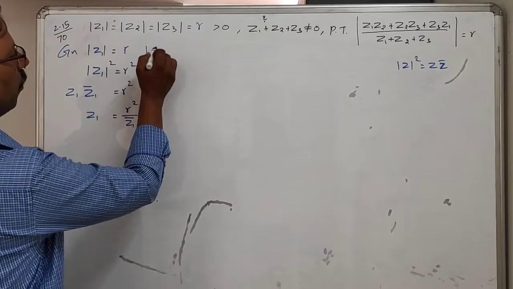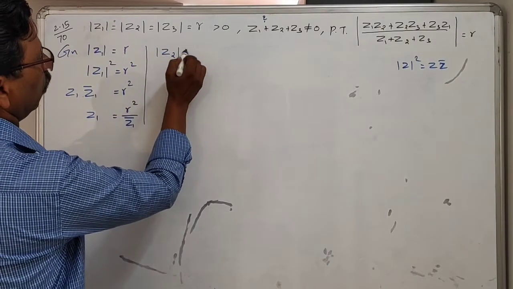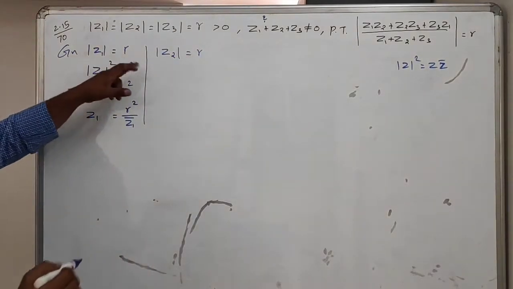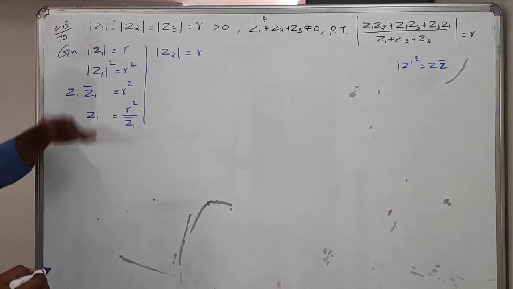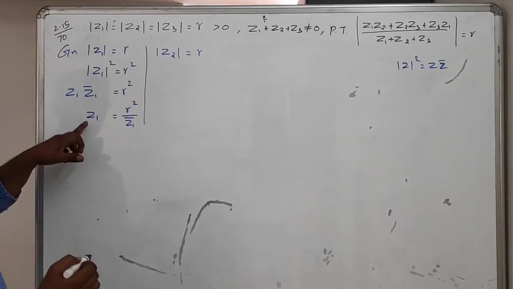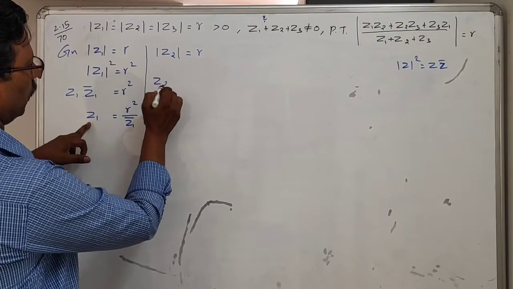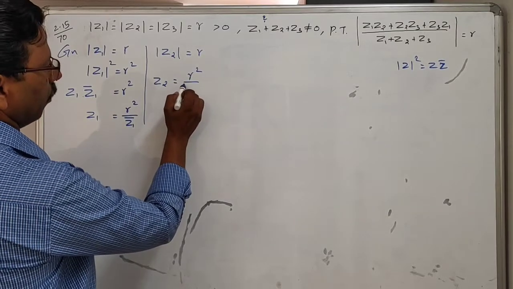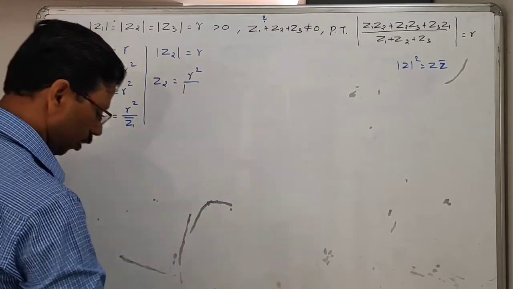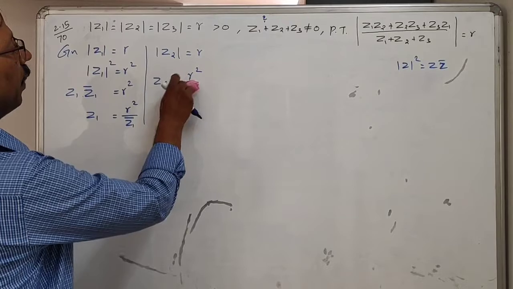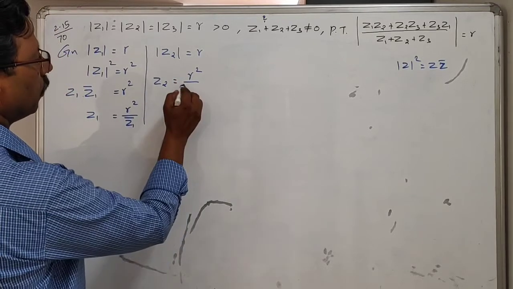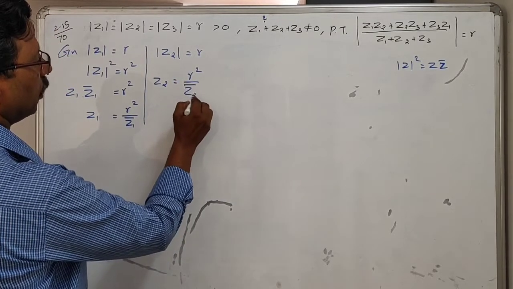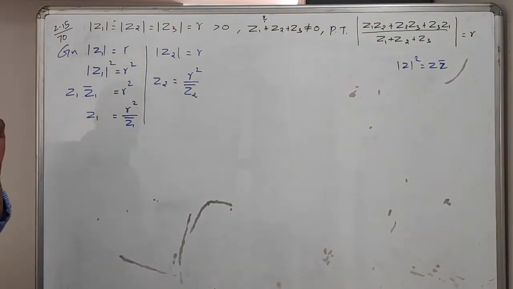Similarly, we can write modulus Z2 is equal to R. You can use the same process; you need not write it once again. Directly you can write Z2 is equal to R square by Z2 bar. Okay.